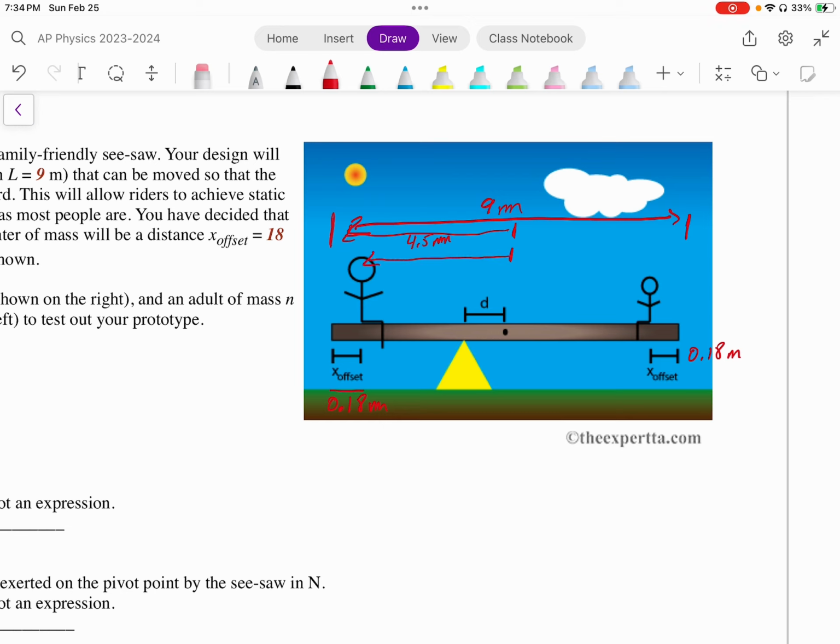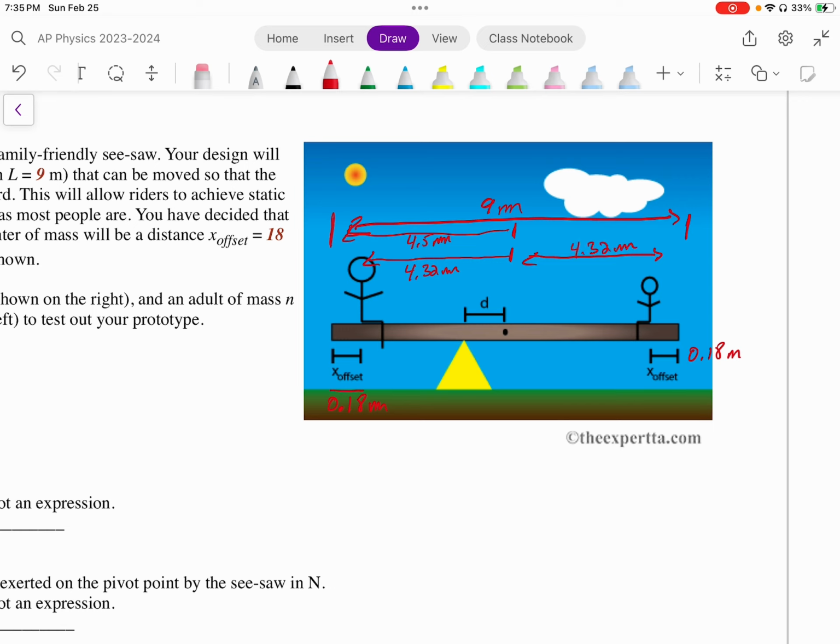Well, I've got to subtract that 0.18 meters. So 4.5, that's half of the board, minus the offset, which is 0.18. I find that to be 4.32 meters. Same thing for this location, because that person's offset is identical to the first person's offset. So 4.5 minus 0.18 gives me 4.32 meters.